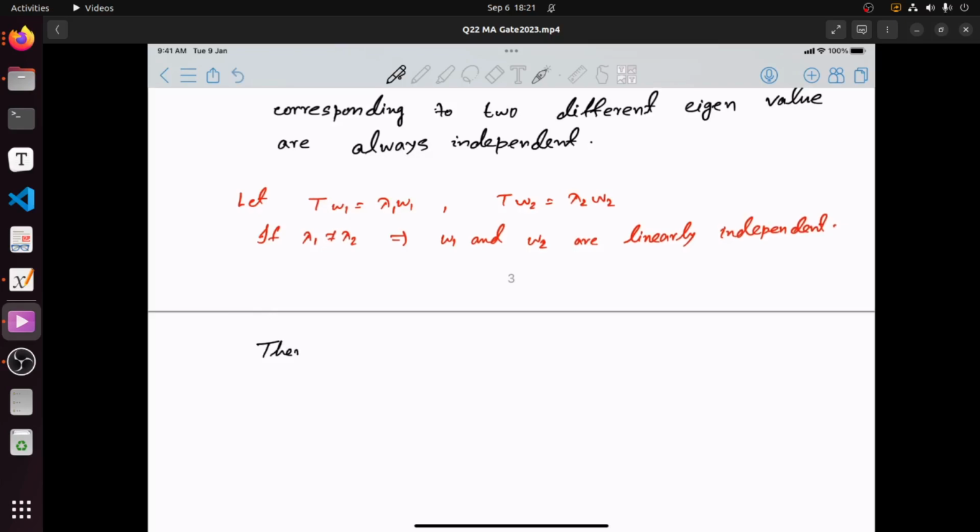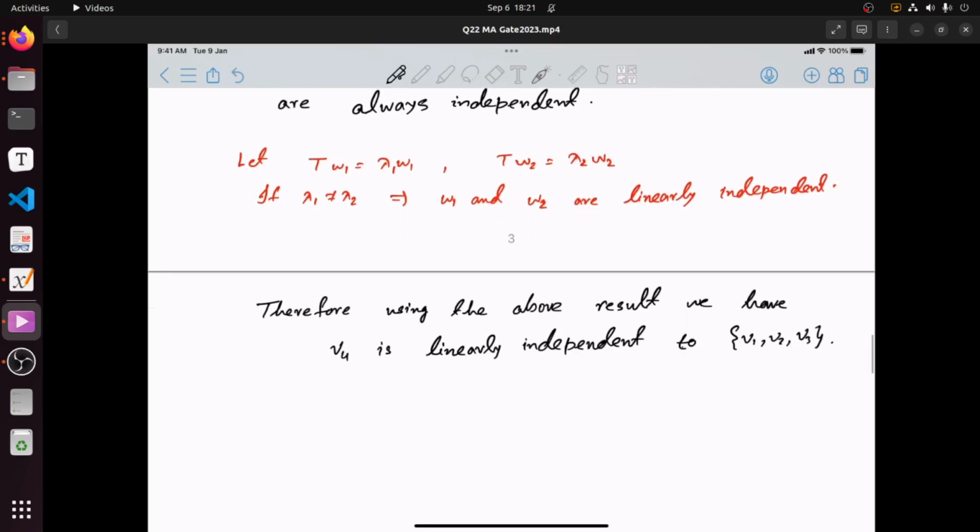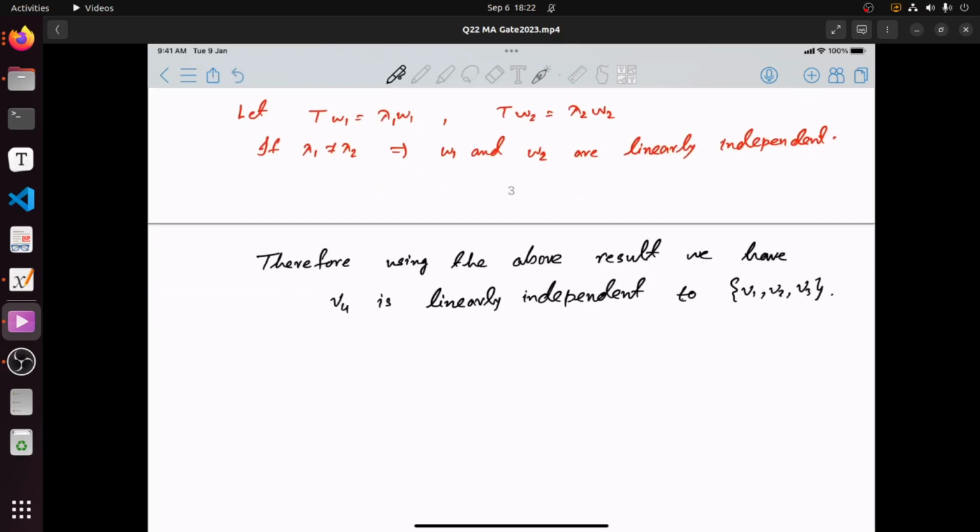So therefore, using the above result, we have that V4 is linearly independent of V1, V2 and V3, all 3 vectors, right?